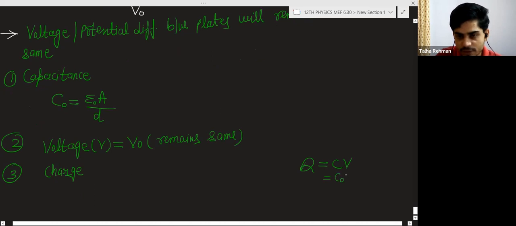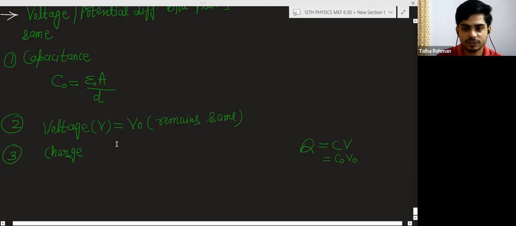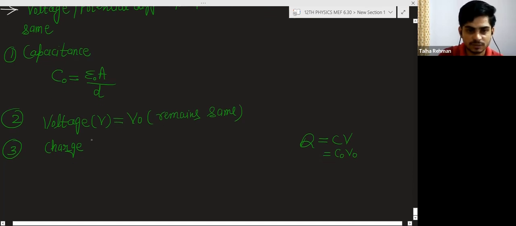C naught, and this is V naught. So if the charge is Q naught, I am supposing, then charge Q naught is equal to C naught into V naught.